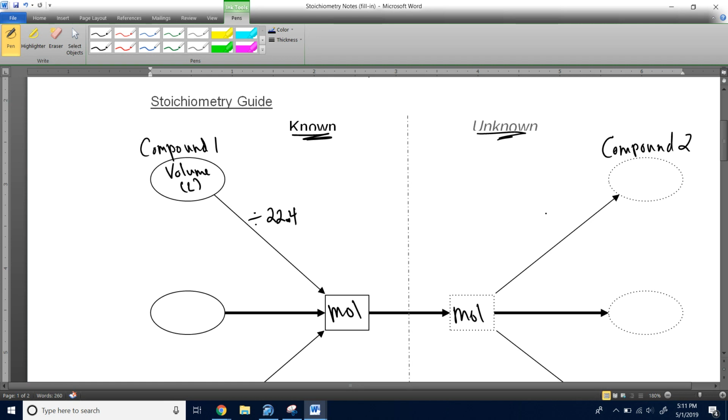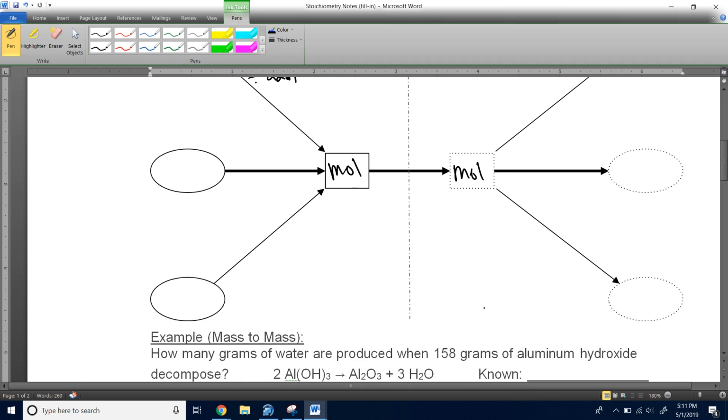The only way that we can get this unknown quantity of moles is to use the mole ratio. This is when we use the coefficients in the balanced chemical equation: we take the coefficient of our unknown value and put it over the coefficient of our known value.